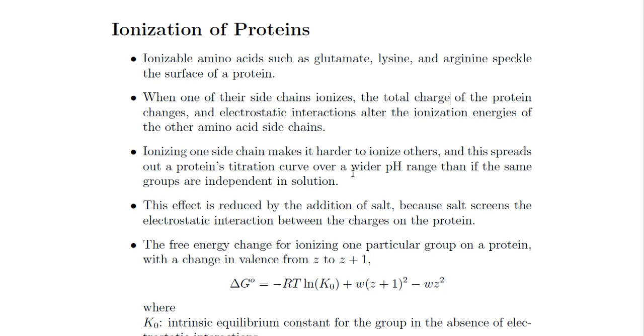So if one side chain is already ionized, it is harder for the other side chain to be ionized. But this effect can be reduced by the addition of NaCl salt, because salt screens the electrostatic interaction between the charges on the protein.